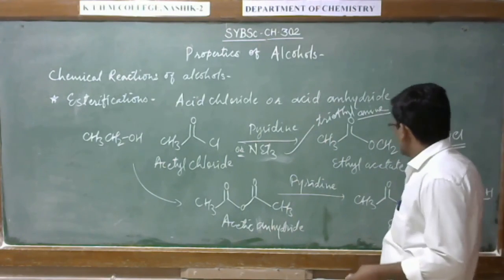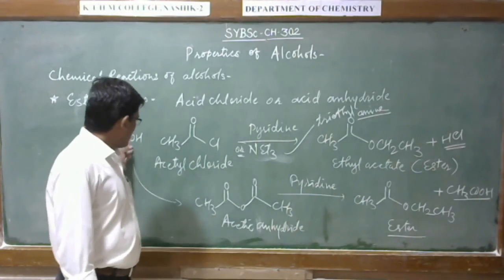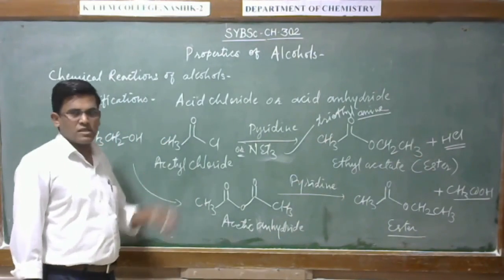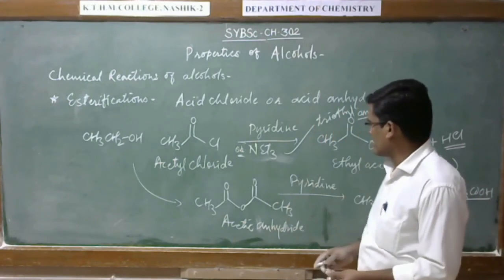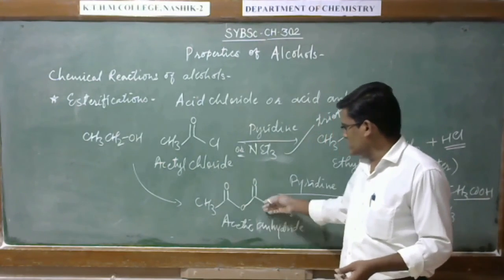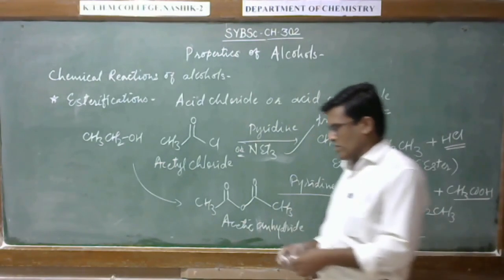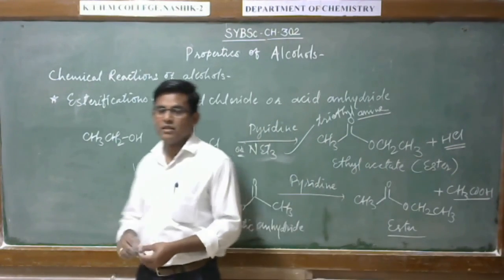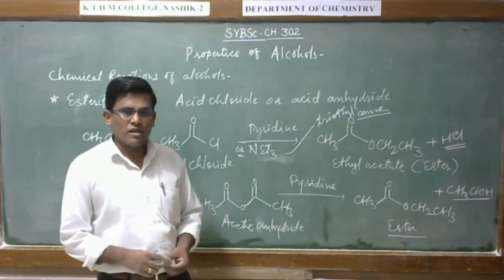This second method is better than acetyl chloride because with acetyl chloride there is a formation of hydrochloric acid. But in the second reaction, with acetic anhydride, there is a formation of acetic acid, which is safer than HCl.